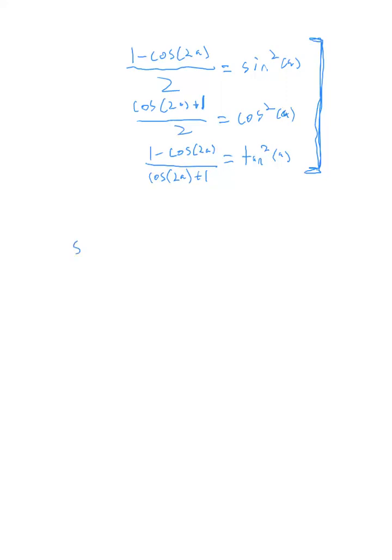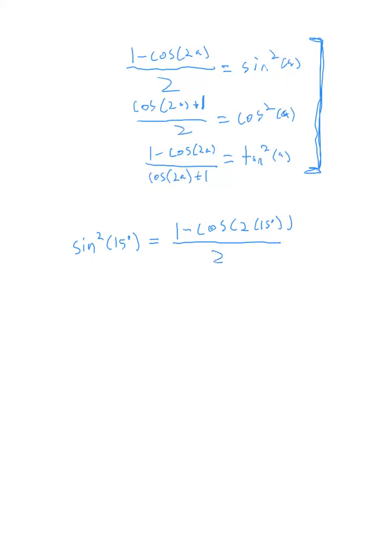So if I have something like sine squared of 15 degrees, I don't know what sine of 15 degrees is, but this formula says this should be equal to 1 minus cosine of 2 times 15 degrees, all over 2.